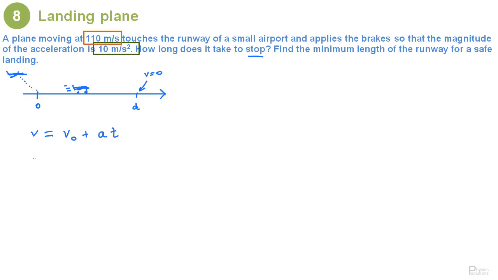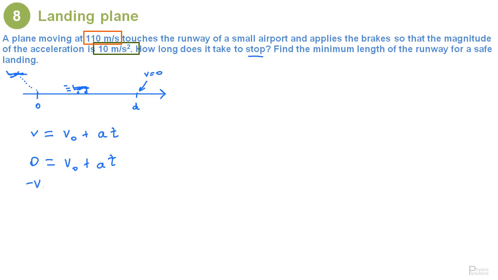Okay, so at the point where the plane comes to a complete stop, we set the velocity to be 0. So this becomes 0 equals v0 plus a t. And we're interested in t. This is the quantity we want to find, so we need to solve for t. For this, we pass this v0 to the other side.